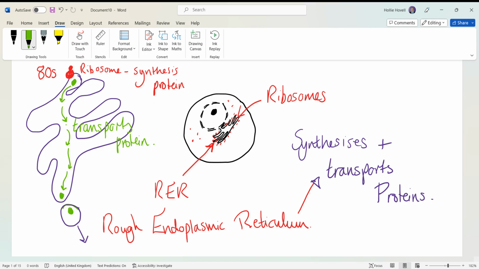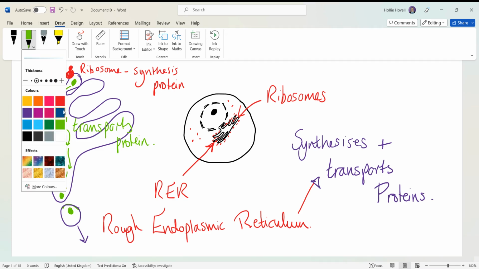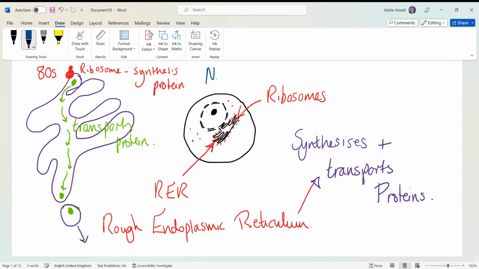Now, if you were to describe this shape here, the way you need to describe it is that it's a network of membrane-bound flattened sacs. Learn that description. So it's a network of membrane-bound, because there's membranes going all the way around. Membrane-bound, flattened sacs.